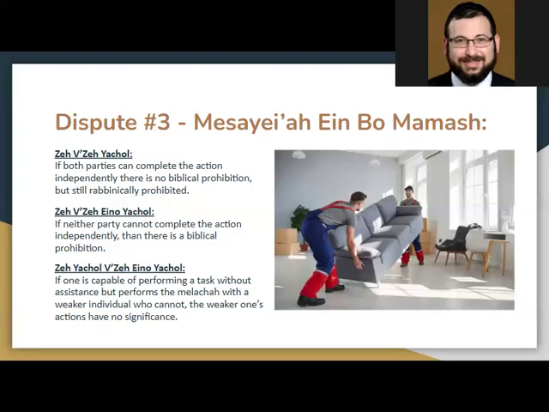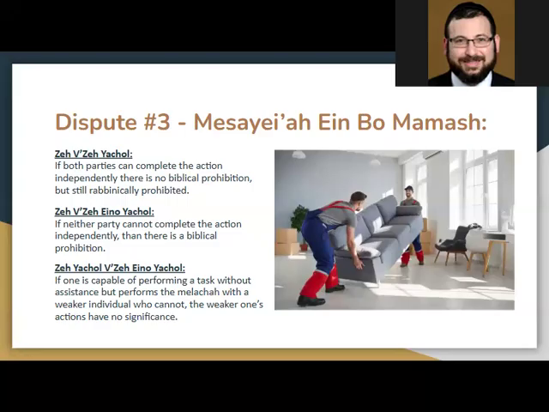Rav Shlomo Zalman says, simply being there, even if you're assisting the motor in its operation, you're only an aid to an instrument that could do it on its own. Therefore, it's like the case of the couch, where the person in the foreground is not liable for anything. He's assisting, but he's not accomplishing anything.